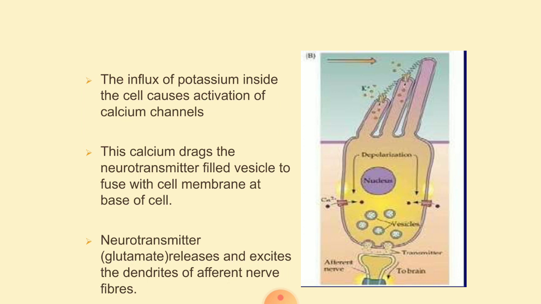It is almost plus 80 millivolt. That means the scala media is positive by 80 millivolt to the scala vestibuli and scala tympani, so the endolymph is plus 80 millivolt positive to the perilymph.